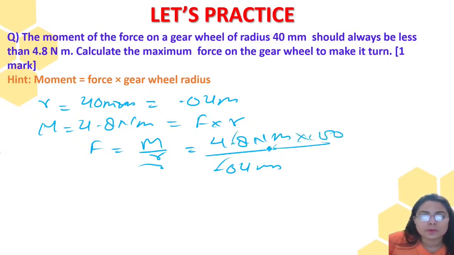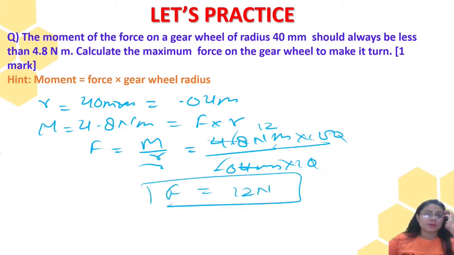It will also be cancelled out and I can put a 10 over here. The 0 has been cancelled, and it will be 12. So it will be equivalent to 12 Newton. The maximum force on the gear wheel to make it turn is 12 Newton. It should not be more than that.